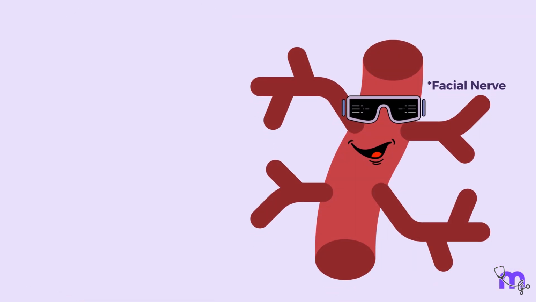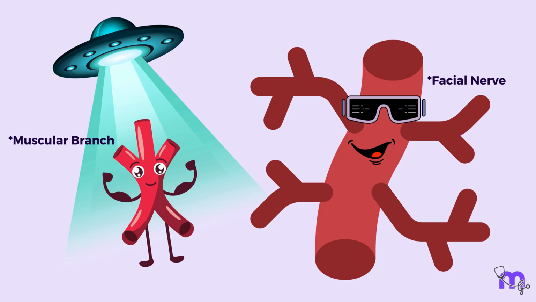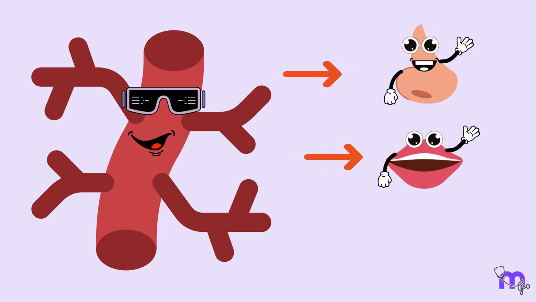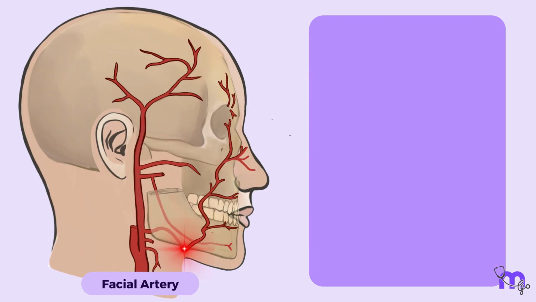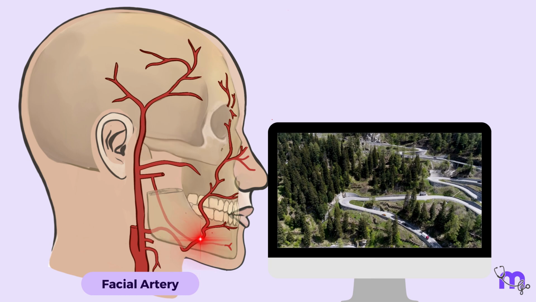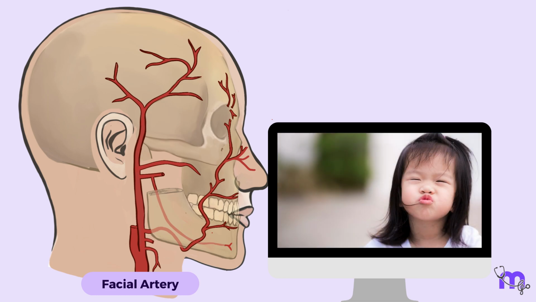Apart from these, it also provides numerous unidentified muscular branches that emerge from its posterior part. It's like the facial artery is saying, you get a branch and you get a branch. Everybody gets a branch. The facial artery exhibits remarkable flexibility and resilience due to its tortuous path, which allows it to adapt to the movement of the mandible, lips, and cheeks without becoming overly stretched.